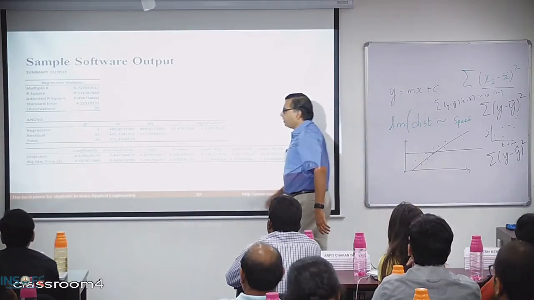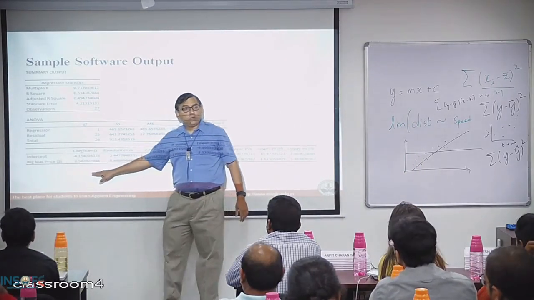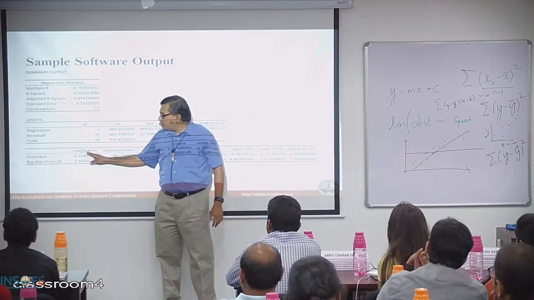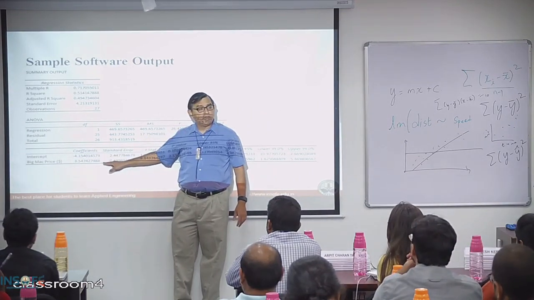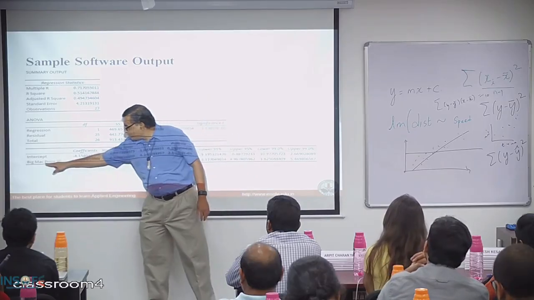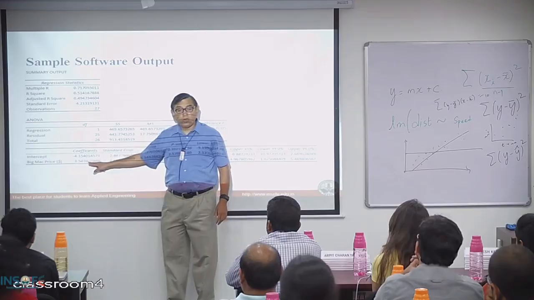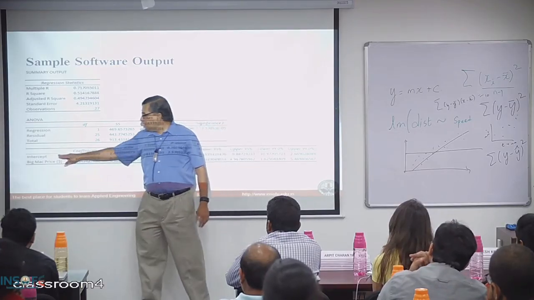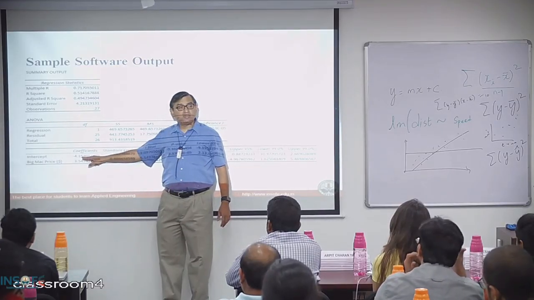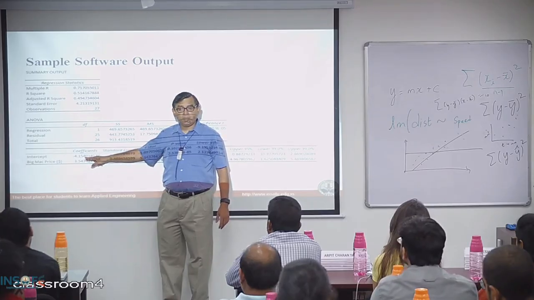So on the bottom are the best fit values. It gives you the value of the coefficient multiplying the Big Mac price is 3.54 and the intercept is minus 4.15. That's what it says.